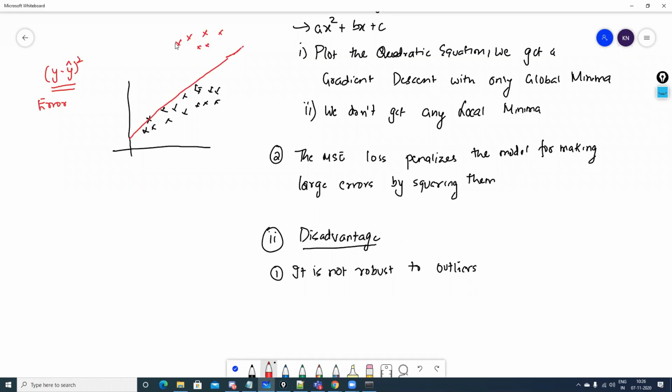This is my y and this is my y hat. When I find the difference between them, obviously since there is an outlier, and we square it, this will also be a very, very big value. So in this case, since there is an outlier, it is not robust to outliers.